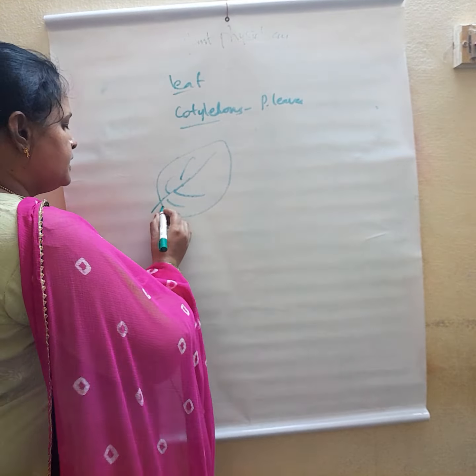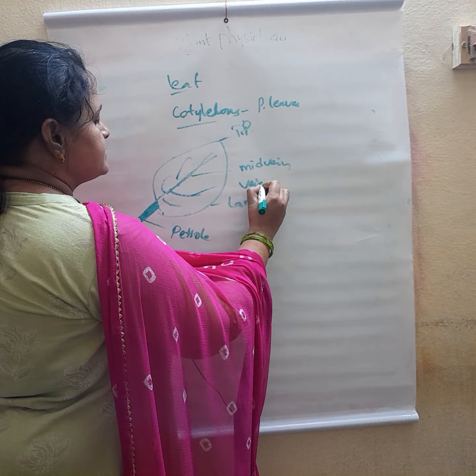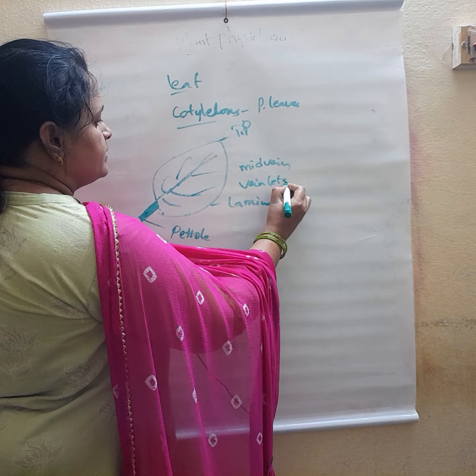This is called the petiole, this is the lamina, this is the tip of the leaf, this is the midvein, and these are veinlets.